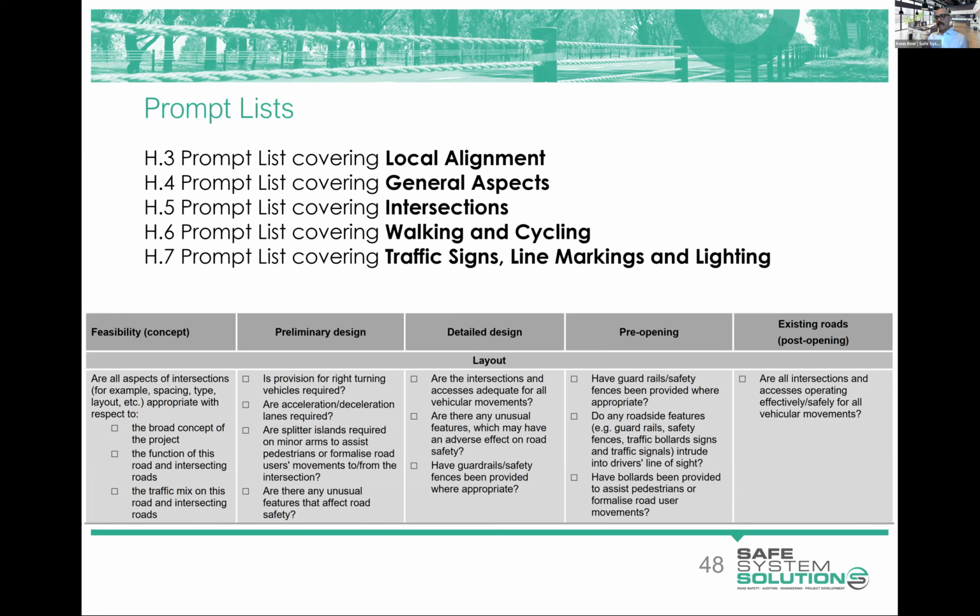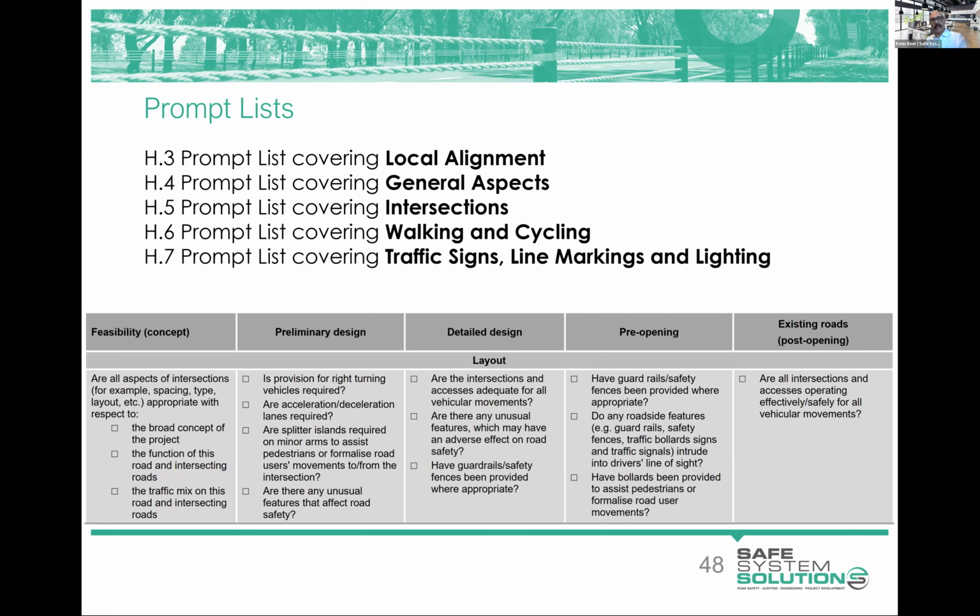We purposely changed from calling them checklists to prompt lists because we didn't want people to think, okay, if I just go through each of these questions, I've covered off absolutely everything that could happen out there. That's not the case, okay? But they do prompt you in thinking in a whole lot of different areas that could contribute risk in a design or in an existing project.